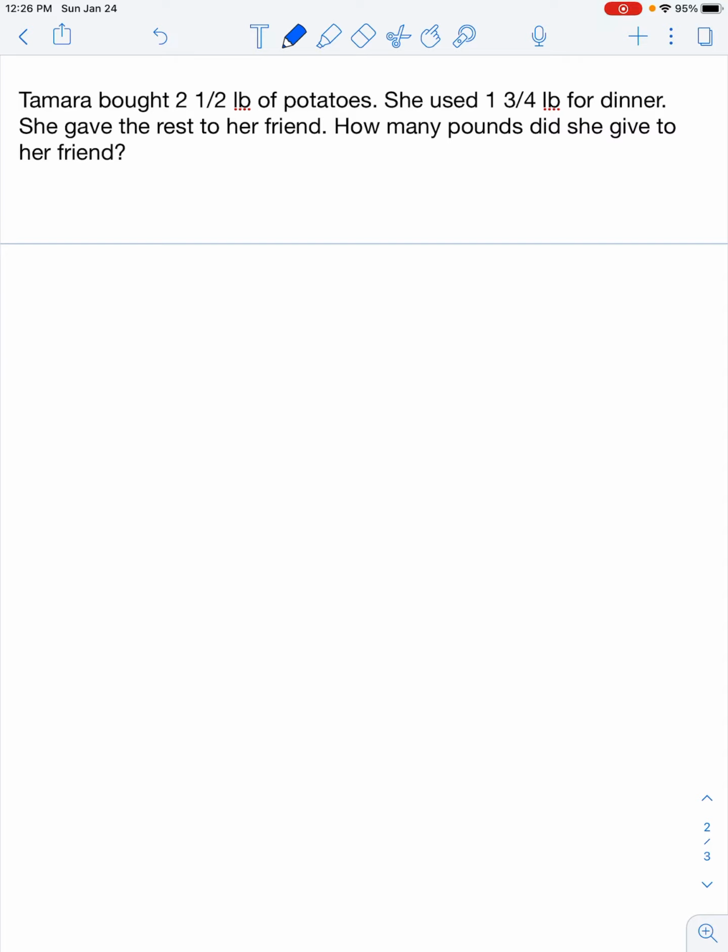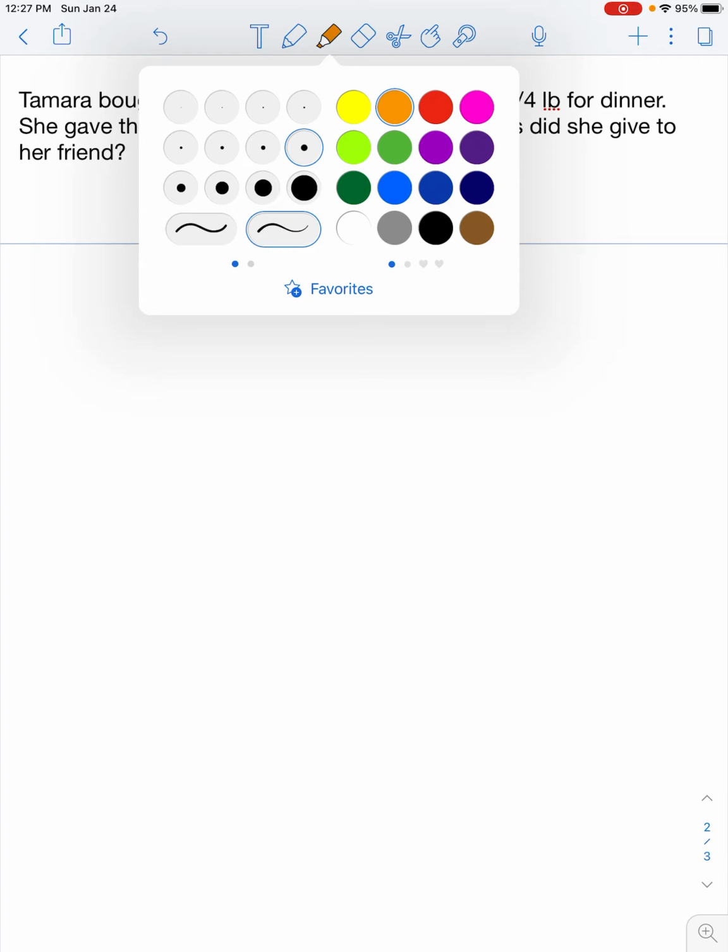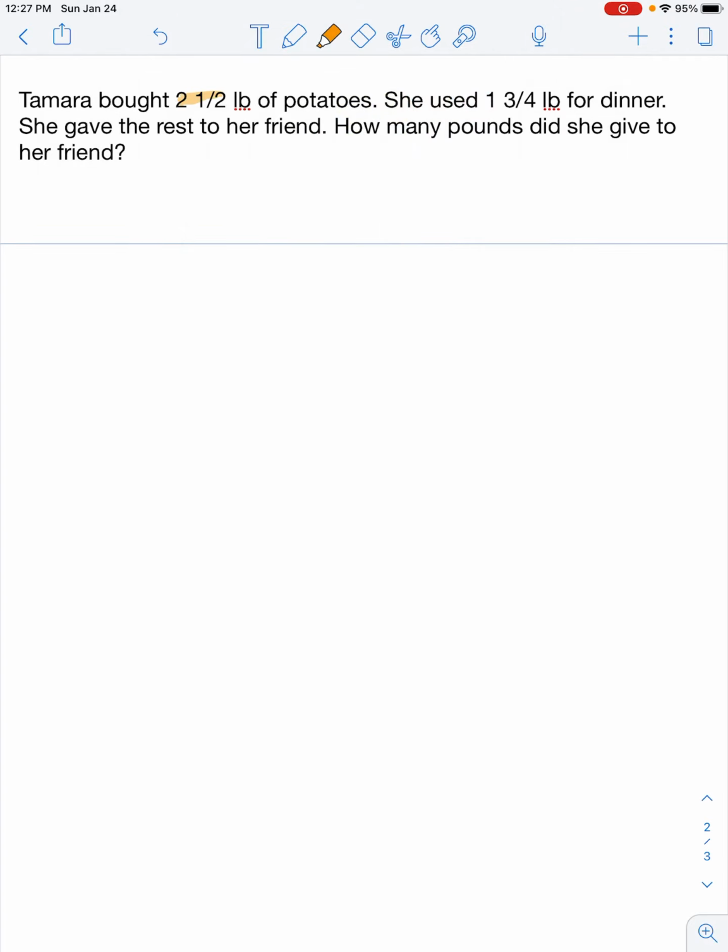Let's say Tamara bought 2.5 pounds of potatoes, and she used 1 3/4 pounds for dinner. Same problem, we just changed the amounts a little bit. So it should be the same process, right? Well, I don't know, let's see.